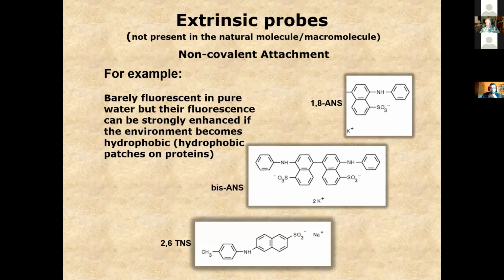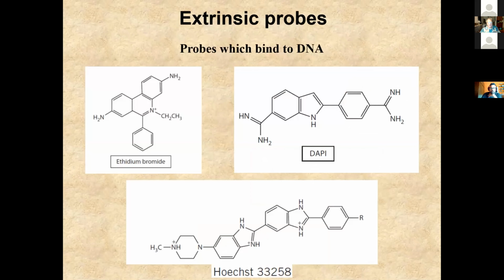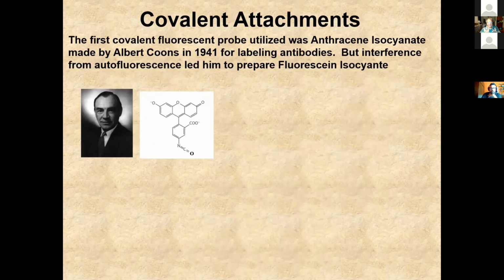So for extrinsic probes, for example, some probes that bind proteins are these famous anilinonaphthalene sulfonates, ANS, we'll talk about that later, 2,6-ANS, TNS. And when they bind to hydrophobic patches on proteins, the fluorescence is enhanced, as we'll see. You can have probes that bind to DNA. Probably you all know ethidium bromide and DAPI; different Hoechst dyes bind to DNA.